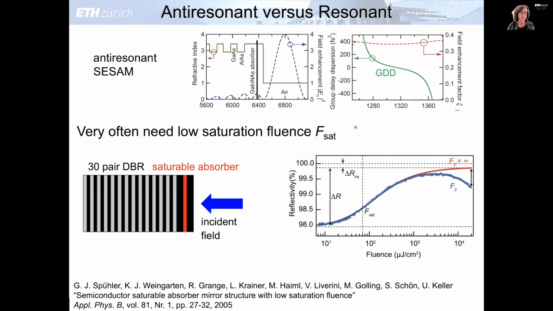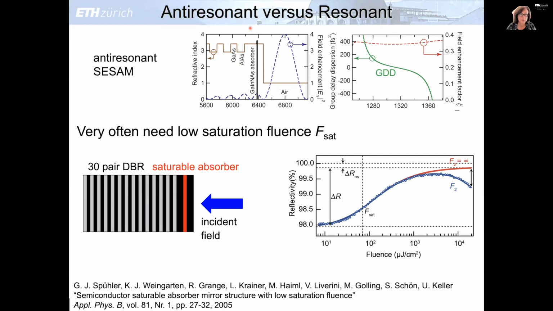The other thing is the device structure with regards to the field enhancement. When you have your SESAM with the saturable absorber, and here is the DBR, I show here the refractive index profile as a function of the distance looking from the top into the SESAM. So this is only a fraction of the DBR that I'm showing here.